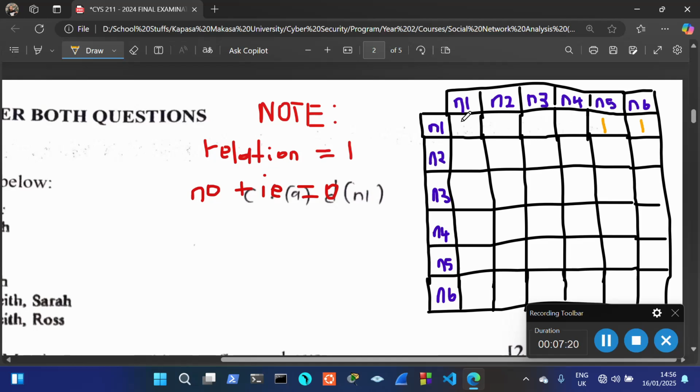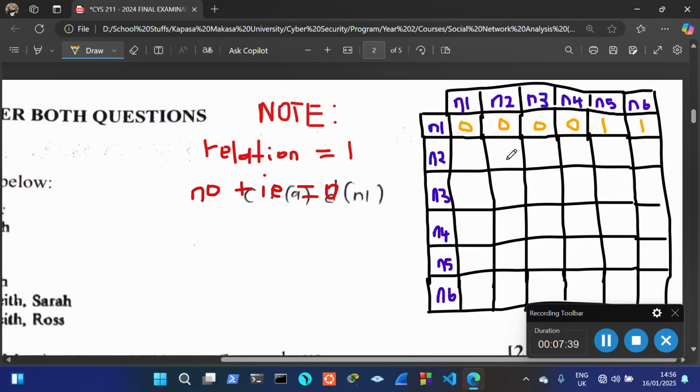Because it doesn't have any relation with N1, N2, N3 and N4, we represent that with zeros. Now remember, N1 and N1 is the same node, so this tie or relation will never exist.